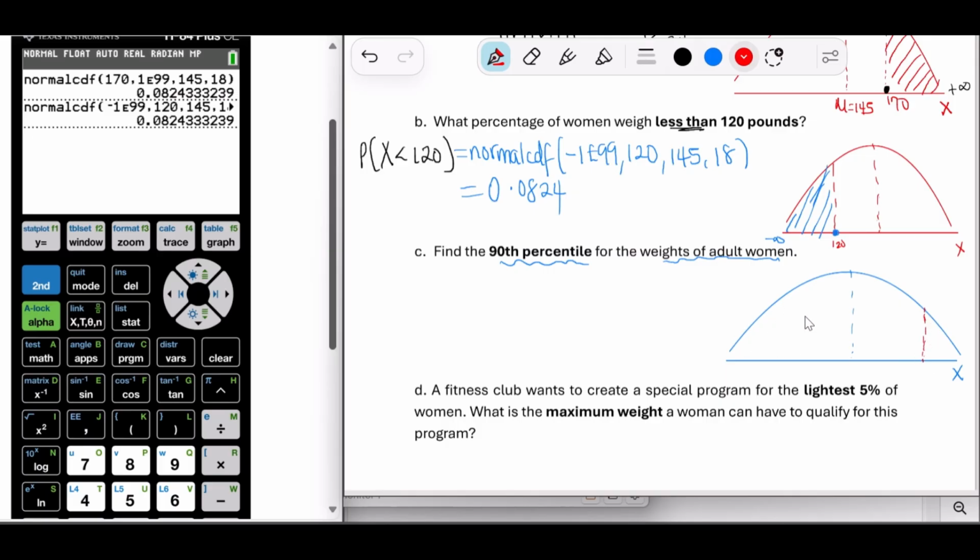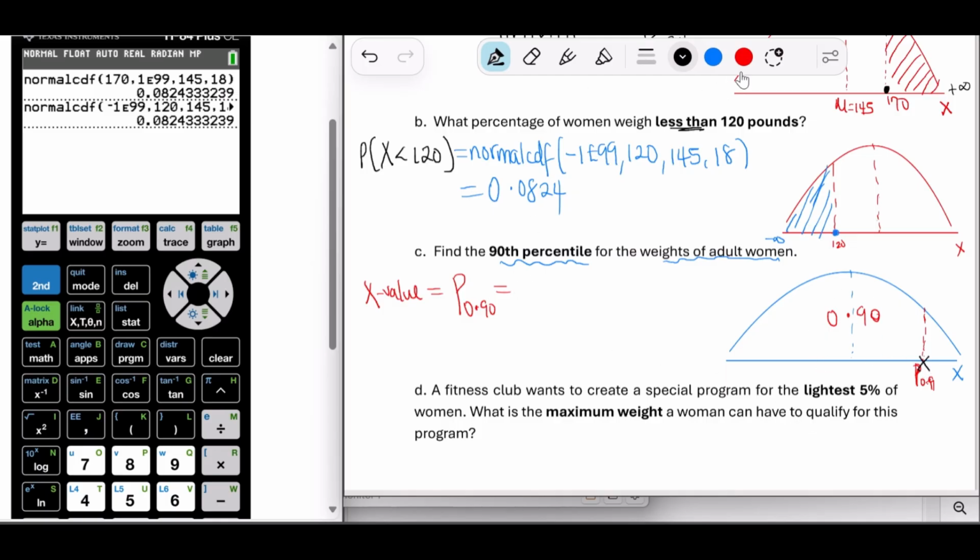That is, the area under this curve from the beginning to this point is the 90th percentile, so the probability is 0.9. So what we want to do is to get the x value. We want to get the weight when you have your 90th percentile. So what is going to be this exact value here, to give the 90th percentile?